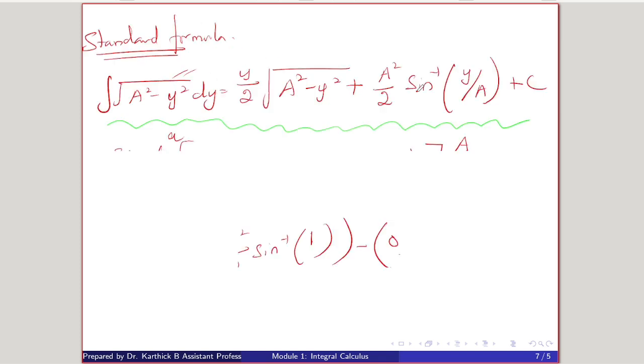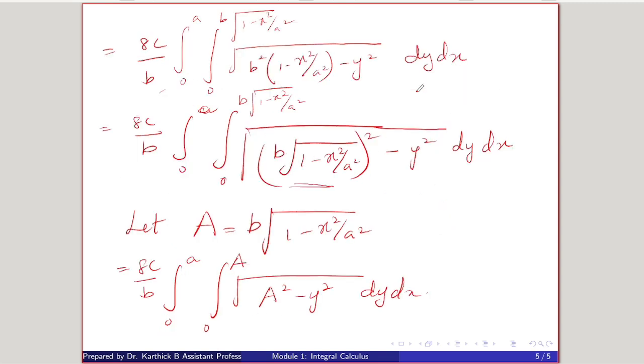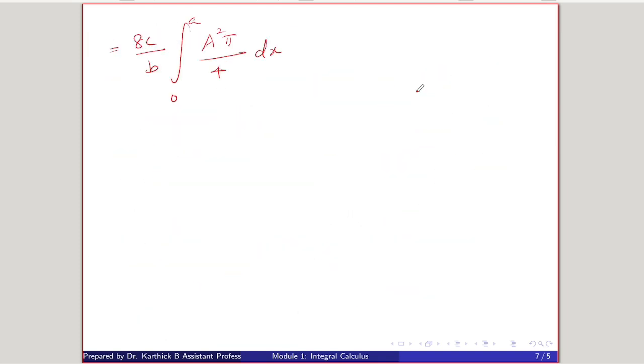So on the next step it will be 8c. Again I will write the step we got previously, a square pi divided by 4 dx. What we assumed: capital A is equal to b into square root of 1 minus x square by a square.